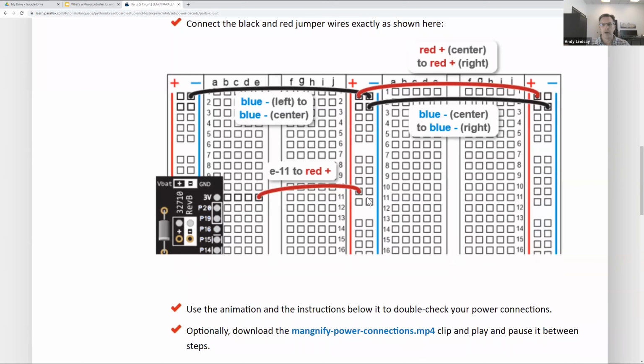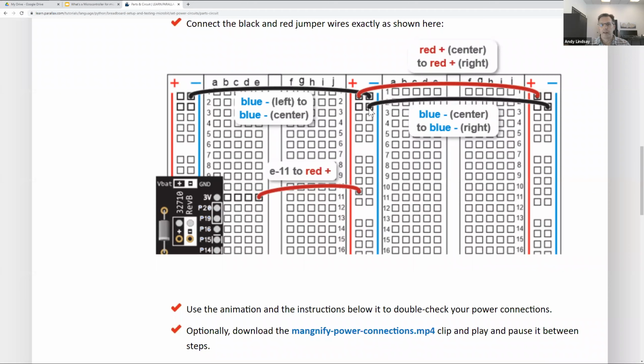We definitely do not want it by the blue stripe. The next one to check is to make sure that your black wire up top here is going from a socket by the negative stripe in the left bus strip to a socket by the negative stripe in the center bus strip.